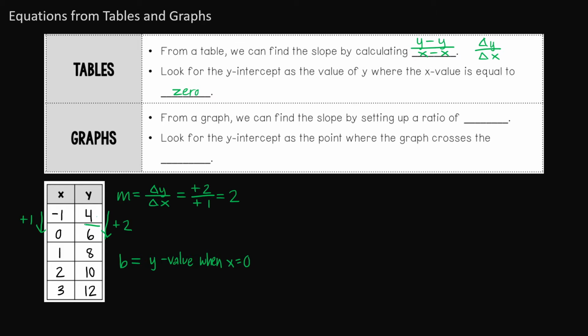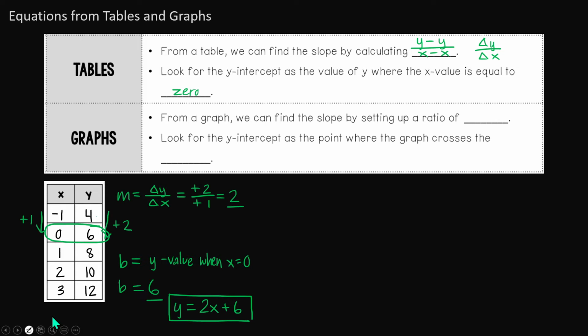I can see I've got a coordinate right here. So when x is 0, y is 6. That means in this specific table, the y-intercept is 6. So now we know the slope, we know the y-intercept. Our equation, when we put this together, would be y equals 2x plus 6. There you go.